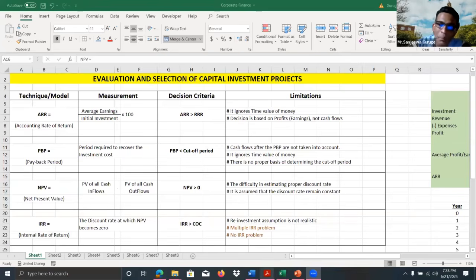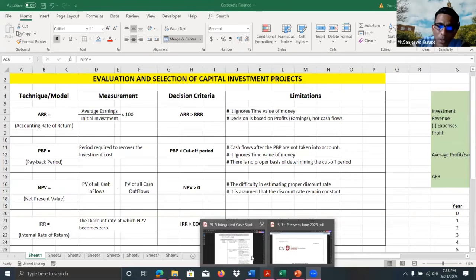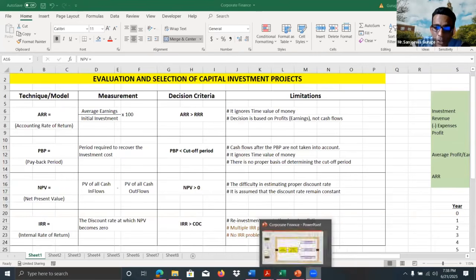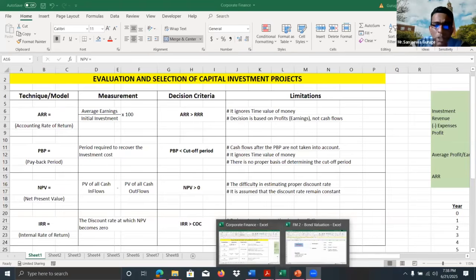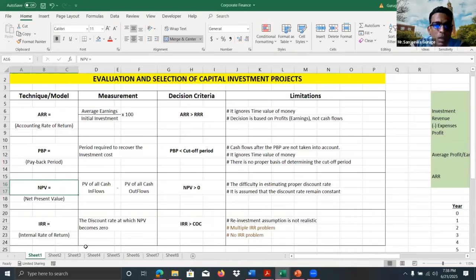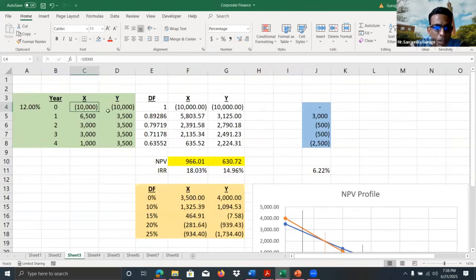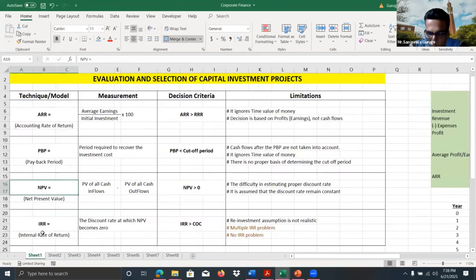When we are comparing projects with different investment costs, we can't use NPV. NPV can be used only if the investment is equal, like right now. In this case it is possible because investment is equal, but generally it is not possible. And that's why the profitability index should be used.